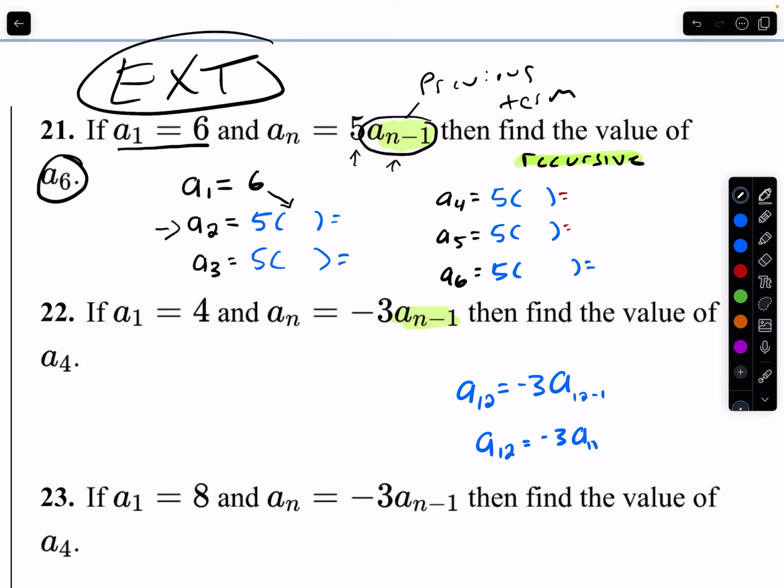So if I take 5 times the previous term, I would take 5 times 6, which would be 30. Now, if I want to find the third term, I would take 5 times 30 this time, which would give me 150.